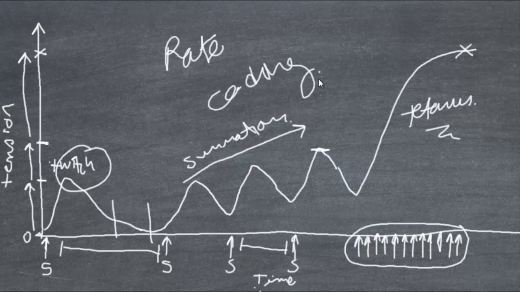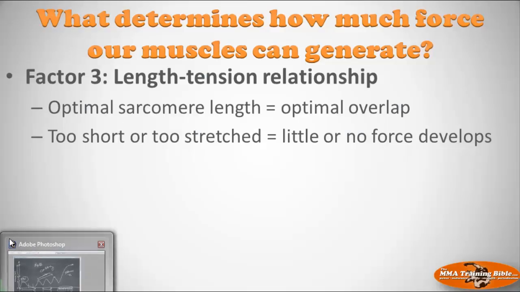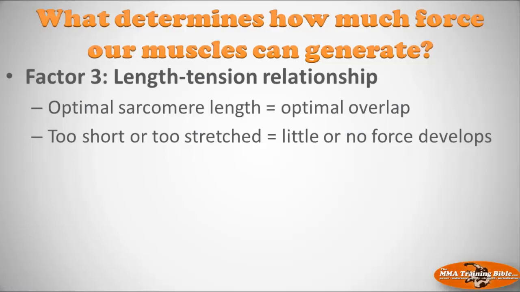Let's move back to that PowerPoint presentation. Okay, so what's another factor that can influence how much force our muscles can generate? Well, that third factor that we mentioned at the beginning is called the length-tension relationship. And if you remember, we talked about sarcomeres, which are really the smallest contractile unit in a muscle. It turns out that there is an optimal sarcomere length, or an optimal overlap, that can maximize your force production.